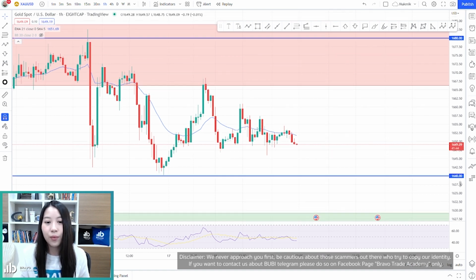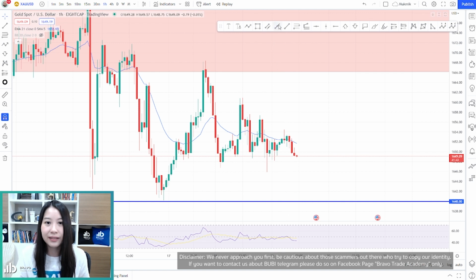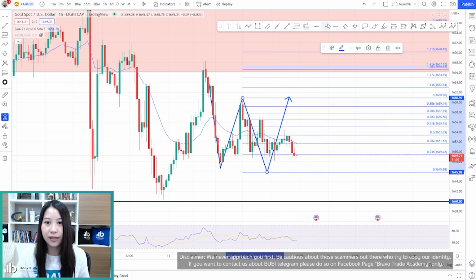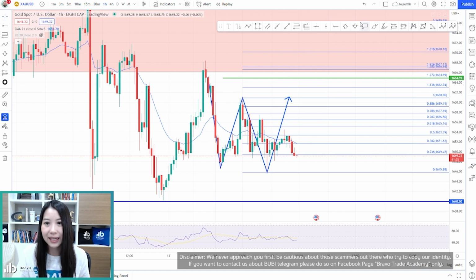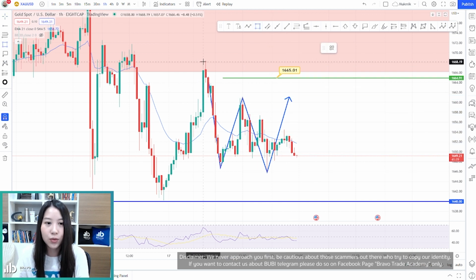In the 1 hour time frame, the first thing that you will see is the low twice here. I will use my Fibonacci extension, and the most interesting point is this one at around 1665. We do have our supply zone here as well.